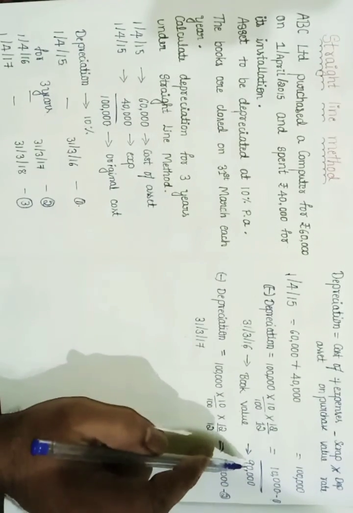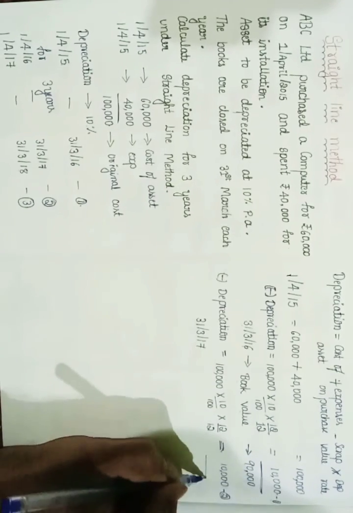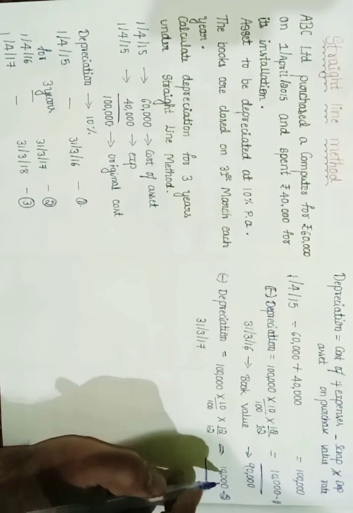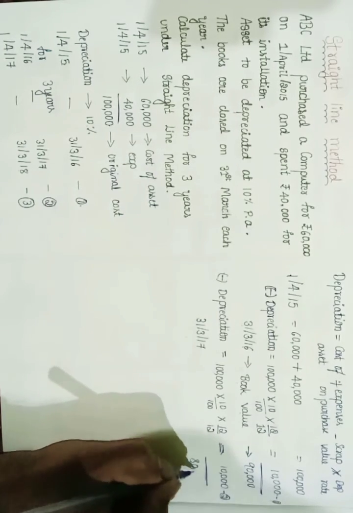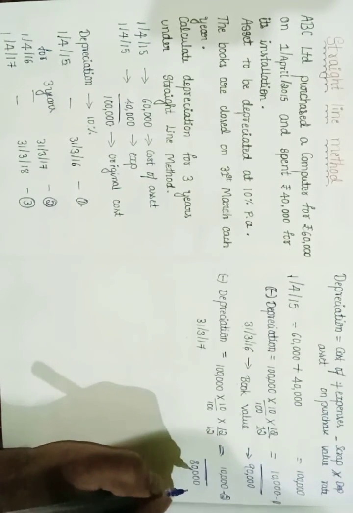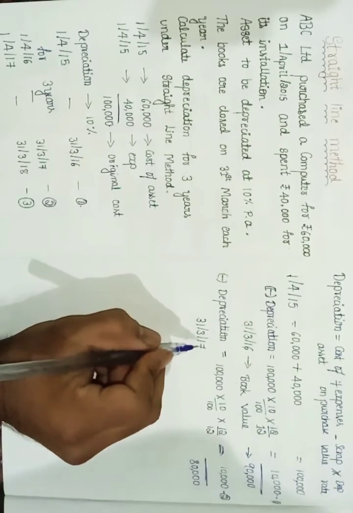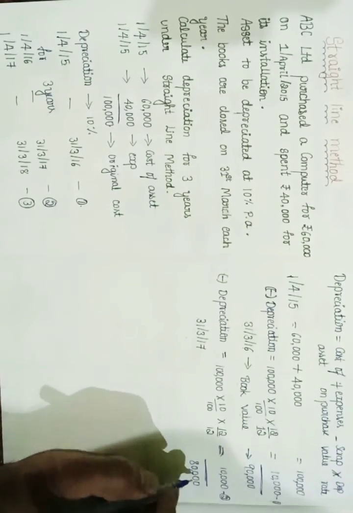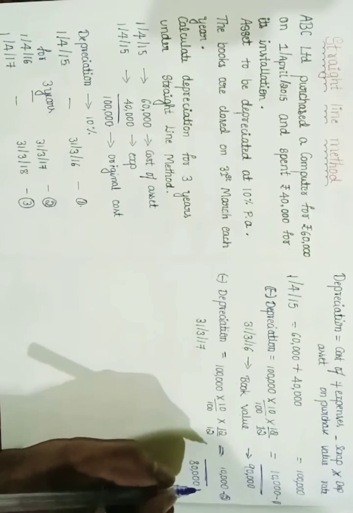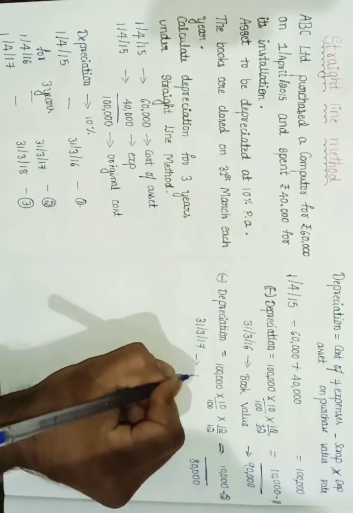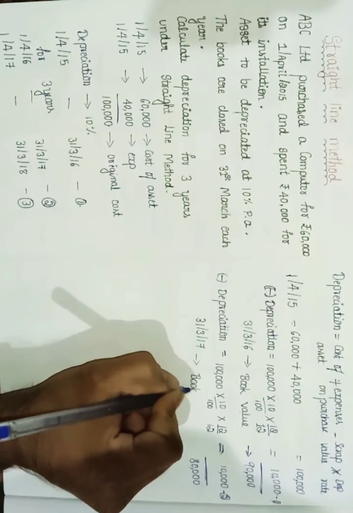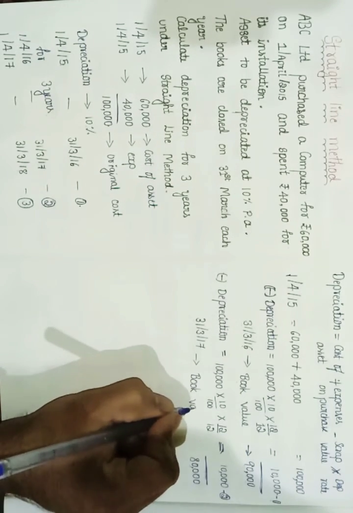So at the beginning we had 90,000 rupees worth of asset, but because of its usage, it decreased by 10,000. On the closing period, we have just 80,000 rupees worth of asset. On 31st March 2017, we have just 80,000 rupees worth of computers. This is called the book value for the second year closing period.